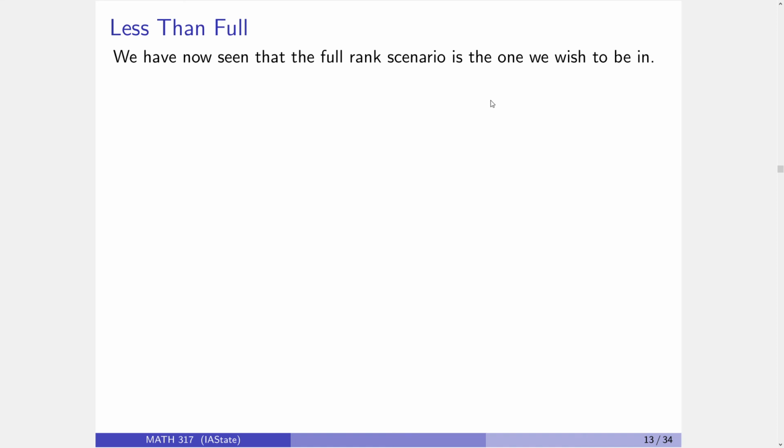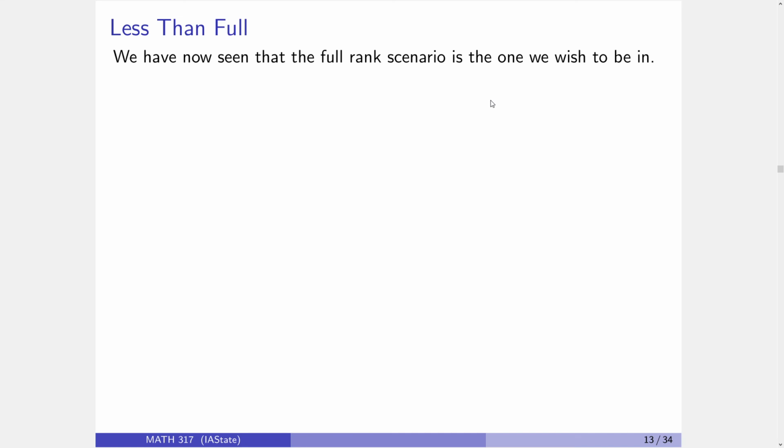So we've now seen that full rank is what we want. If you're full rank, we're very happy, because then Ax equals b can be solved as best as it possibly can be. But that means you need your rank to equal a very specific number. If you were to do some data collection, you would just get some random matrix.